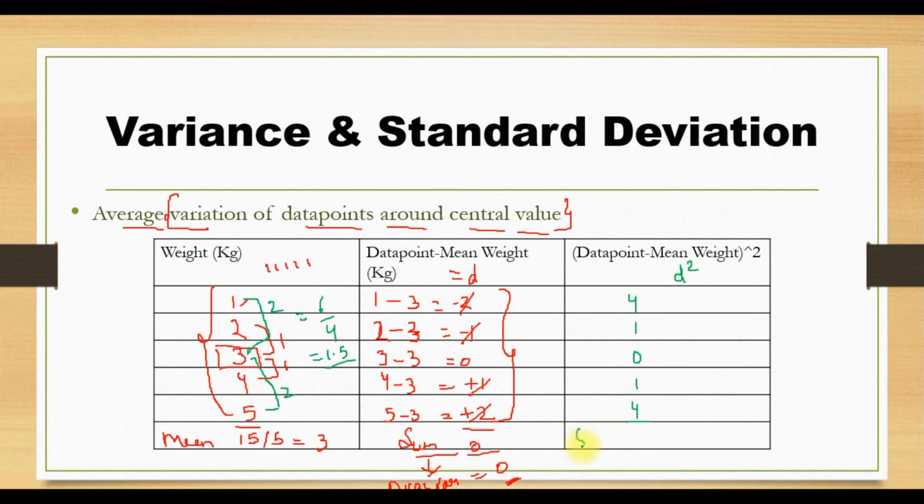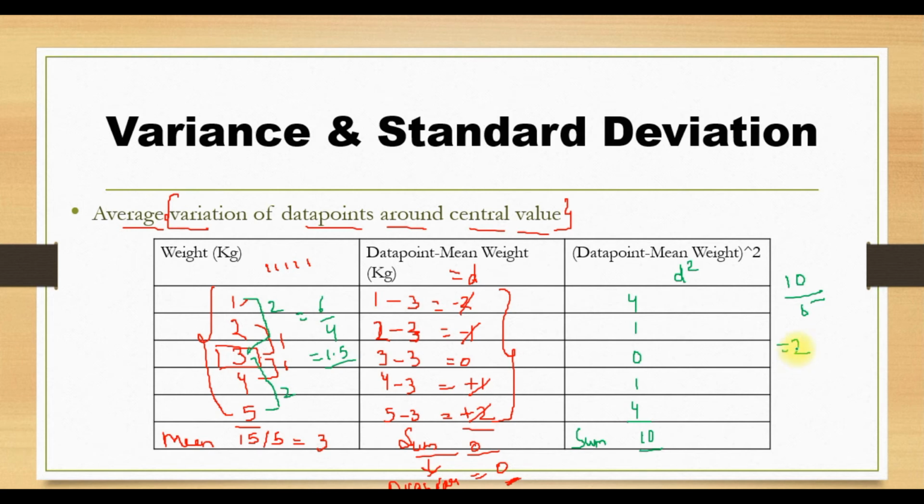This time the sum is 10. Now instead of taking the average of d, we take the average of d square, which is 10 by 5, that means 2. So the variance of this data is 2.